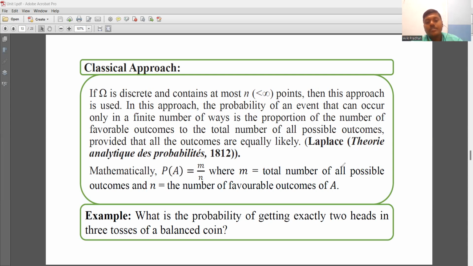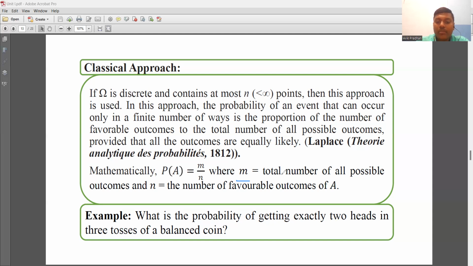That means if I consider an experiment where the sample space, or the set of all possible outcomes, contains n number of sample points, then probability of an event A is equal to number of favorable outcomes M divided by total number of outcomes N. So I have mentioned here that probability of A is equal to M by N, where, sorry, there is a mistake.